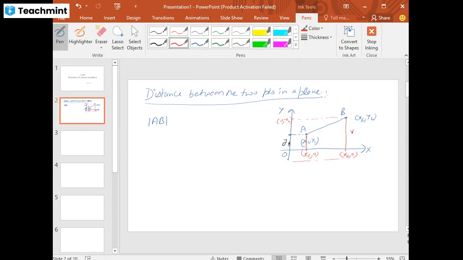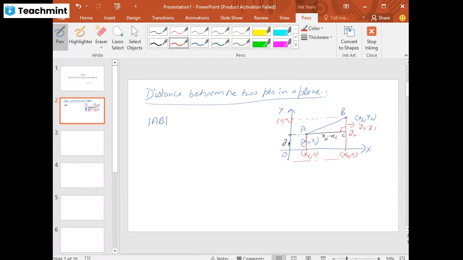If we join this point, say this is a point C, then this is x1, this is x2. So this particular distance AC is x2 minus x1. And because this height is y2 and this height is y1, automatically this particular distance is y2 minus y1.